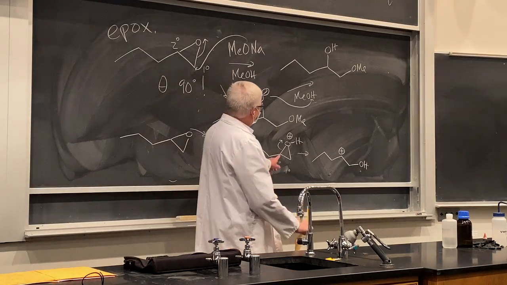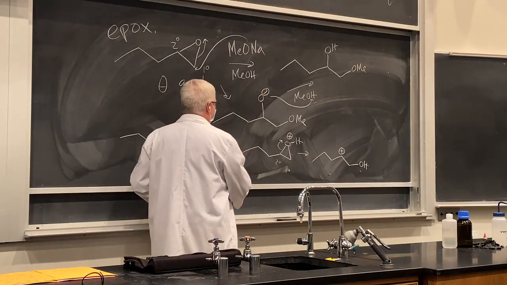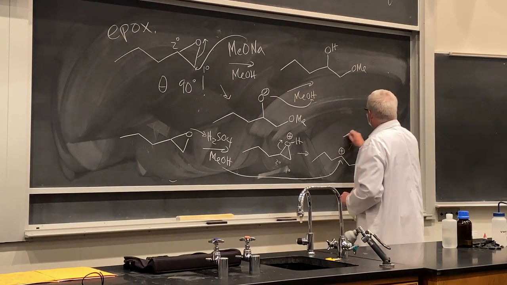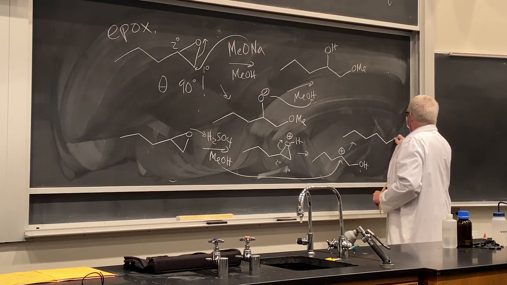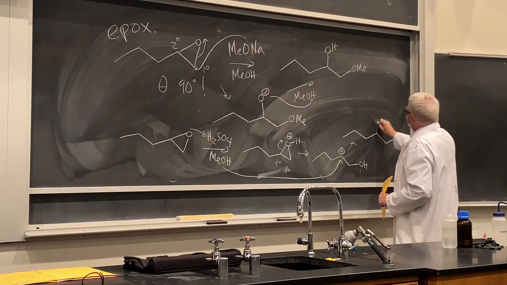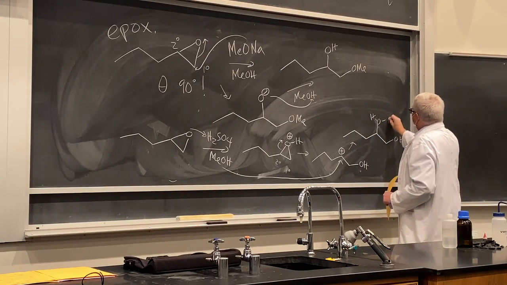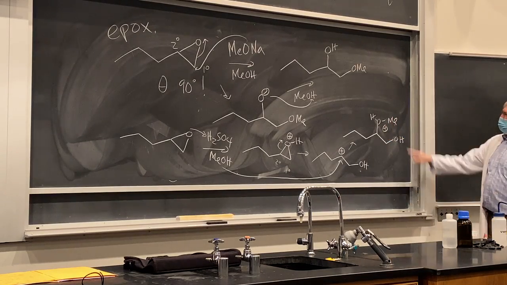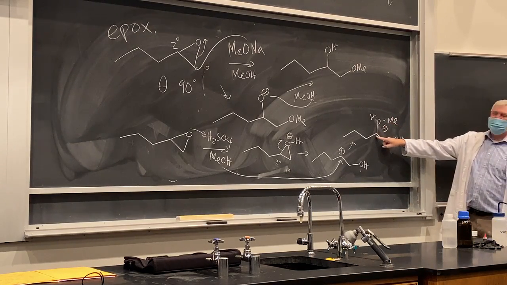And now what? Let's see, what can attack here? Oh, we've got methanol. There it is. Methanol goes on there. We'll have the methyl ether hydronium ion. And notice the methyl ether now is at this 2 position there. And then what?